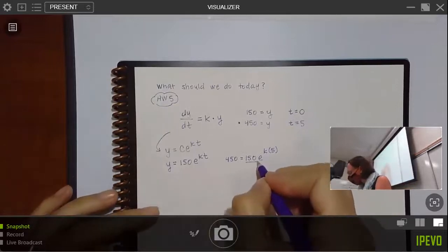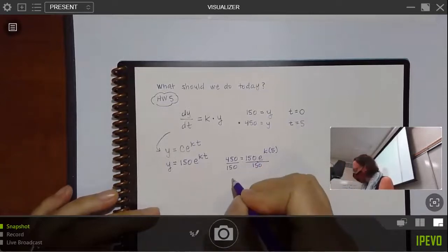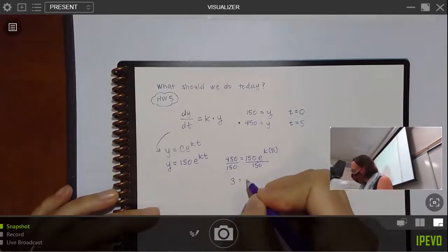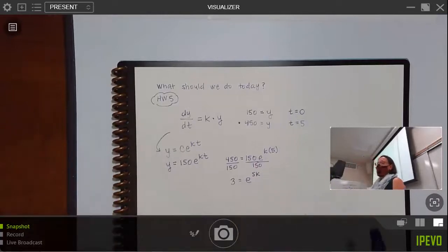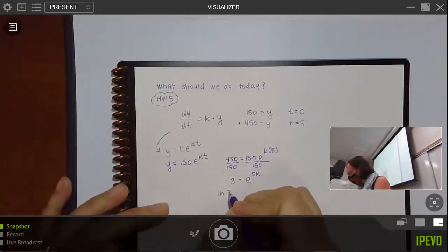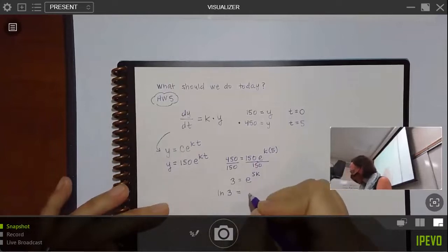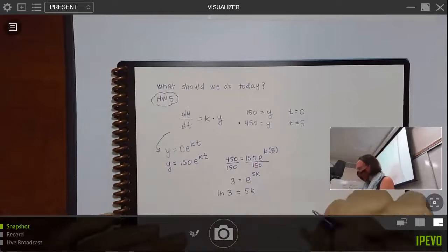If I divide both sides by 150, 450 divided by 150 should give me 3. And then I'm going to choose to write that exponent as 5k. I can take the natural log of both sides to get that 5k down, and have natural log of 3 is equal to 5k.